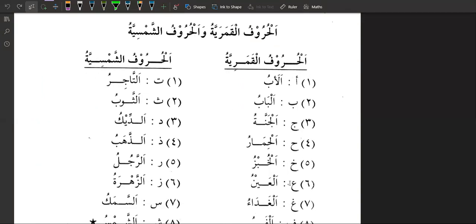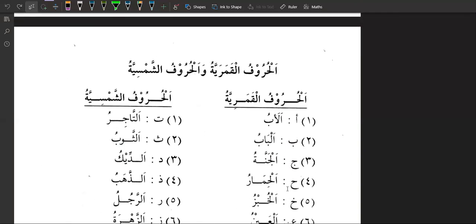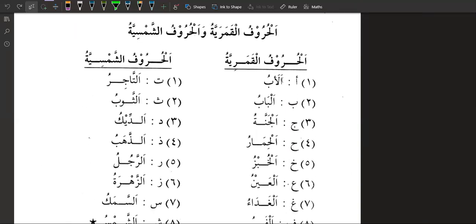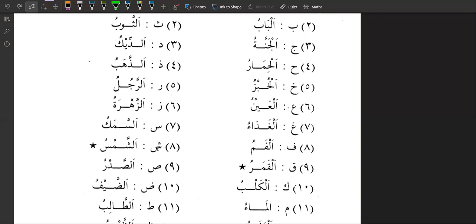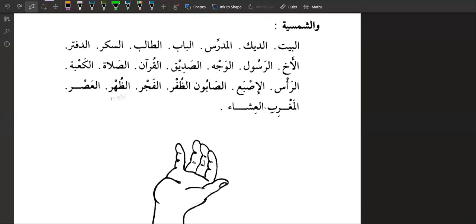We mentioned all of these letters down here, alif, ba, all the way to ya, that when alif and lam is connected to them, we pronounce the alif and lam. So we say al-abu, al-babu, al-jannah. And the huruf al-shamsiyya, the sun letters, when all of these letters come after the alif and lam, we do not pronounce the lam. We read straight through. We say at-tajiru, ad-diku, ad-dhahabu.